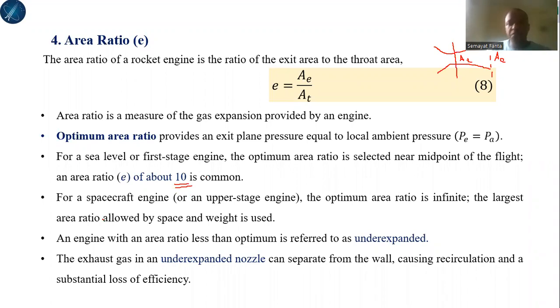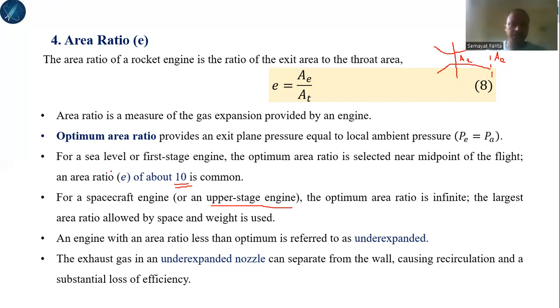So for a spacecraft engine in upper stage, what are these stages? We'll discuss how staging works. Okay, in most cases, rockets are designed with staging. Almost all current rockets have multiple stages, either parallel or tandem or series staging.